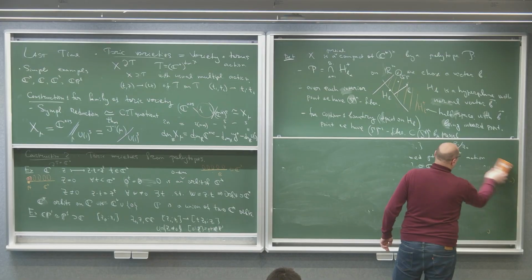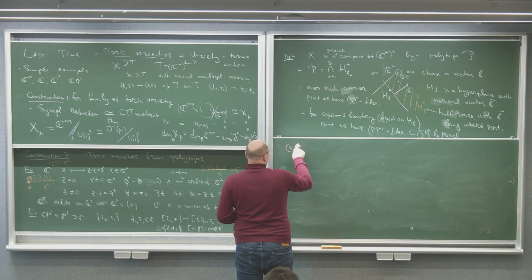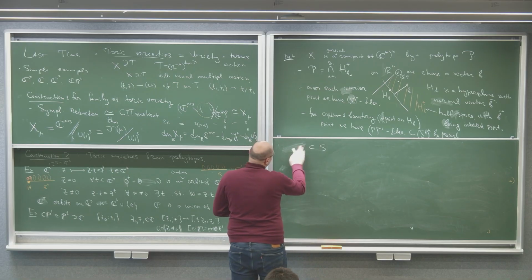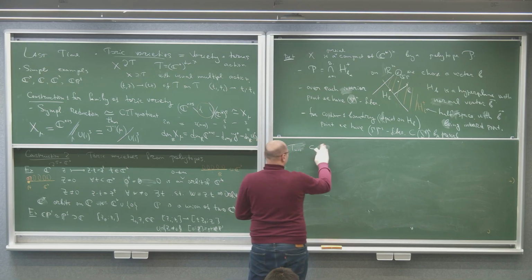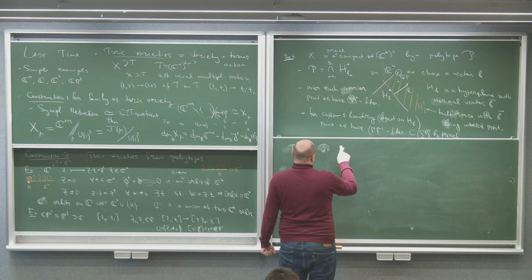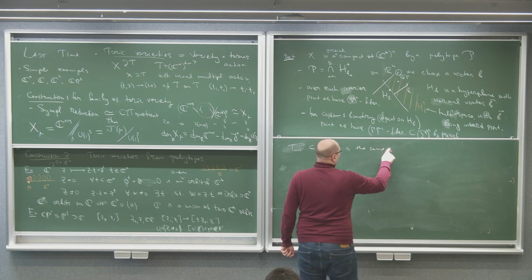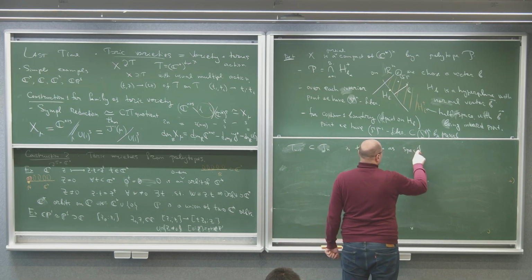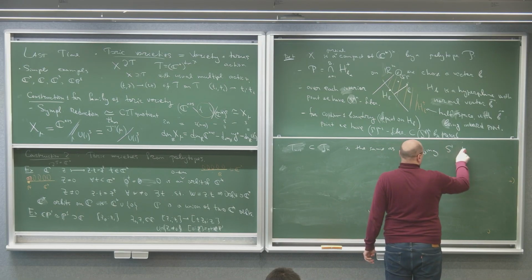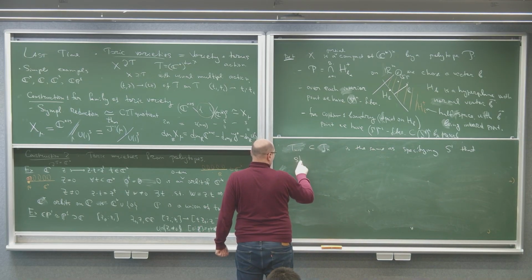To specify an n-1 dimensional torus inside of T^n is the same as specifying an S1 that shrinks to a point.